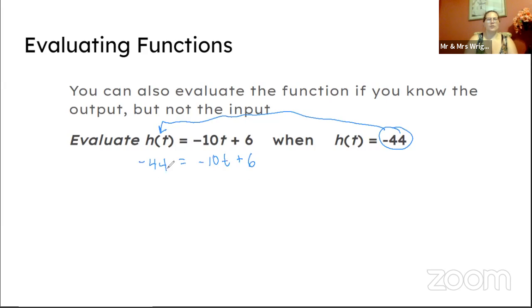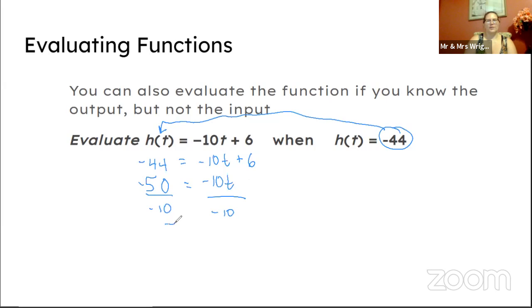Okay. Subtract 6 on both sides. Let's see, if I subtract 6, it's actually going to go up. So 44 plus 6 is going to be -50 equals -10t. And now to get t by itself, I'm going to divide both sides by -10.